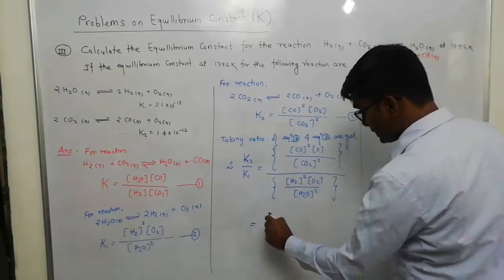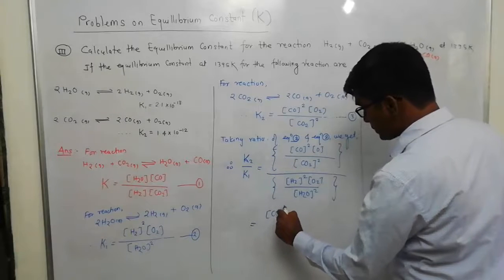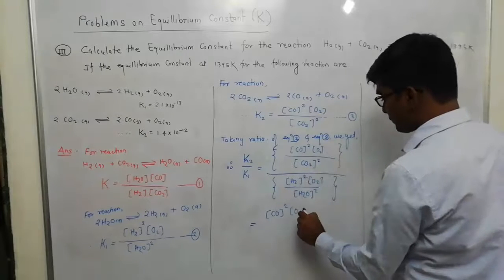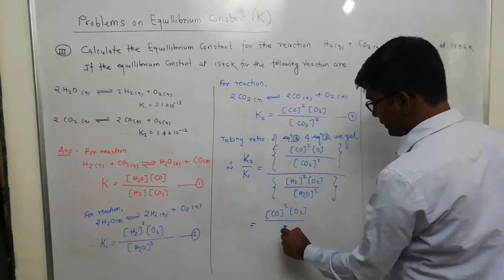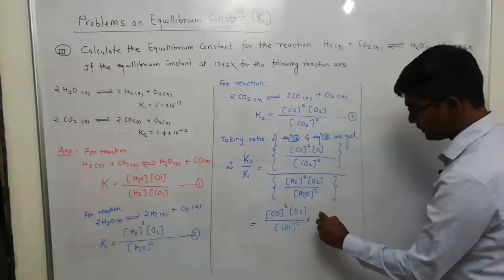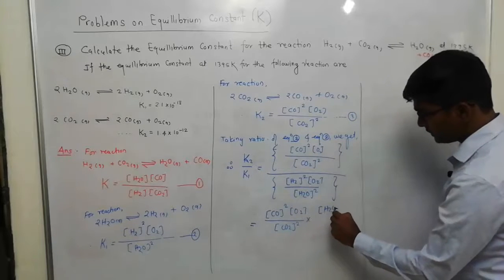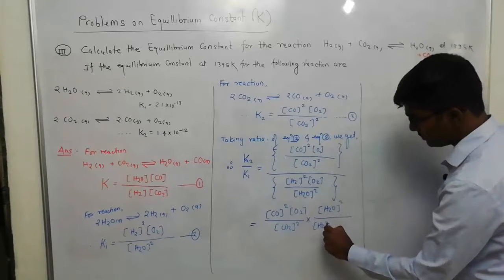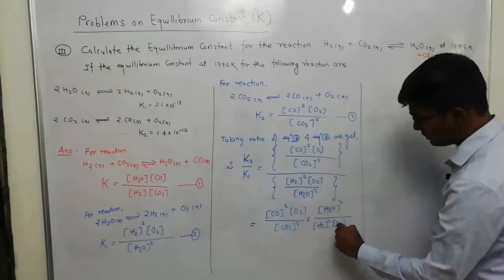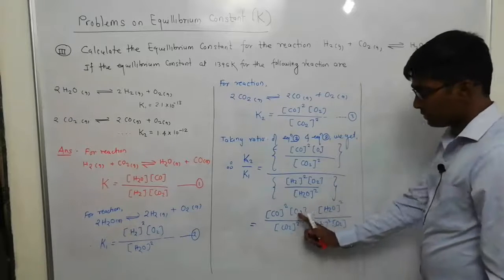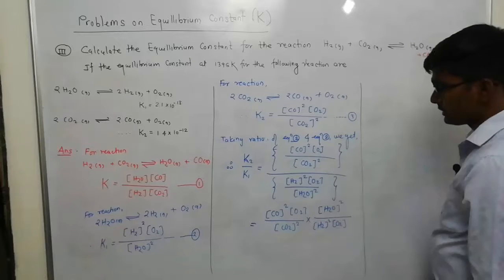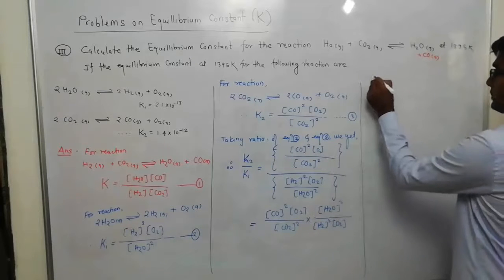So let us simplify this. It will be concentration of CO square into O2 divided by concentration of CO2 square into H2O square divided by H2 square into O2. So this O2 is a common term, it will go out. So let us write down the remaining terms.